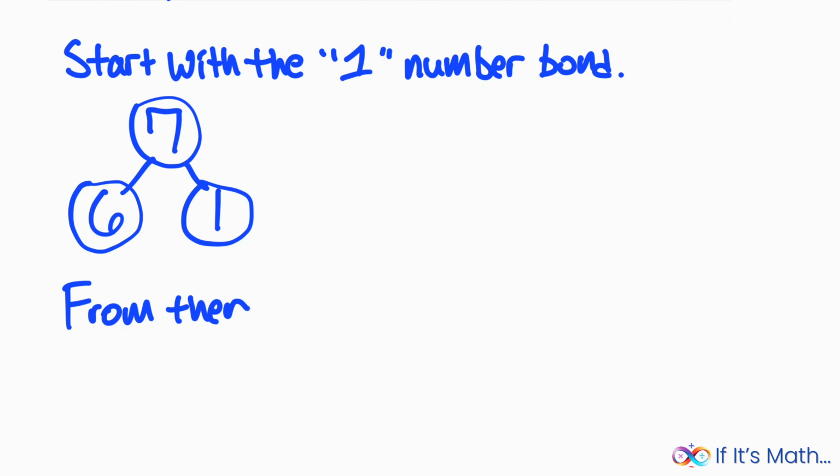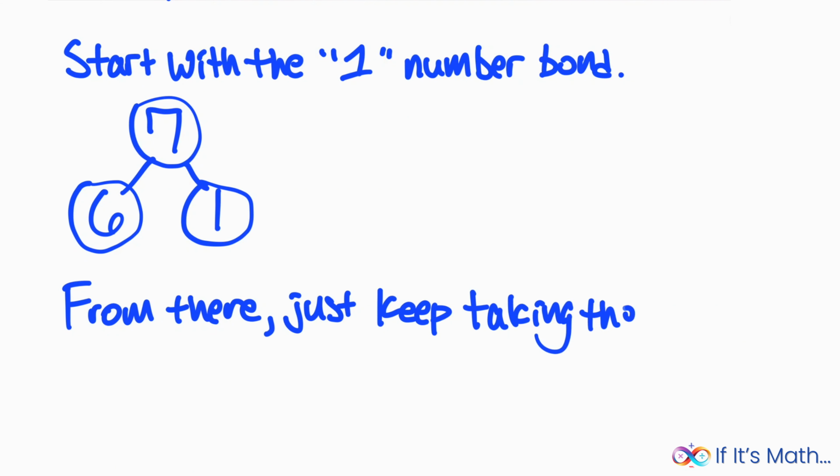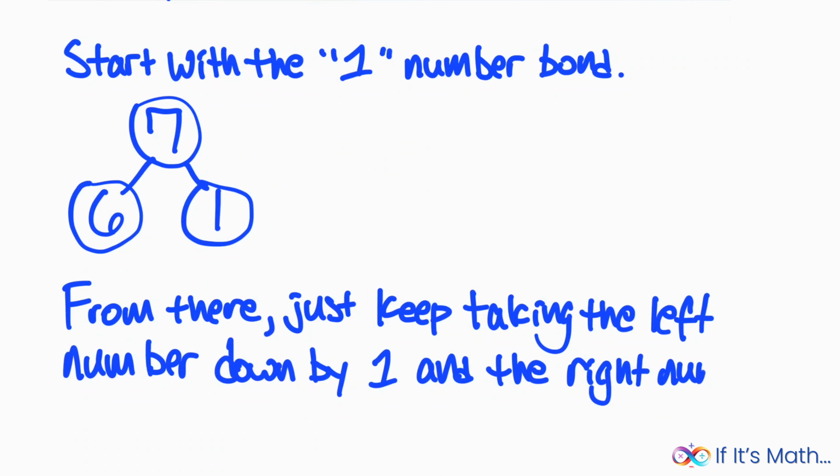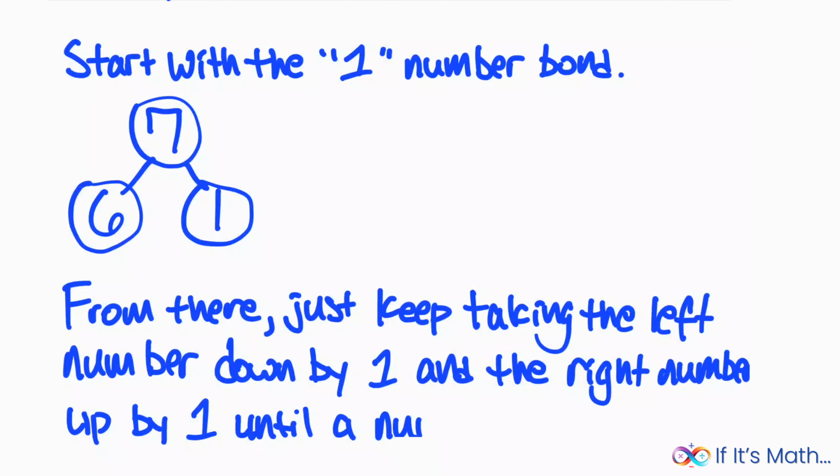So from there, really all that you need to do is just keep taking that left number down by 1 until you reach the loop where the bonds start to repeat. So the left number will go down by 1, and the right number will go up by 1. So again, just do that until you hit a number that you've already used.